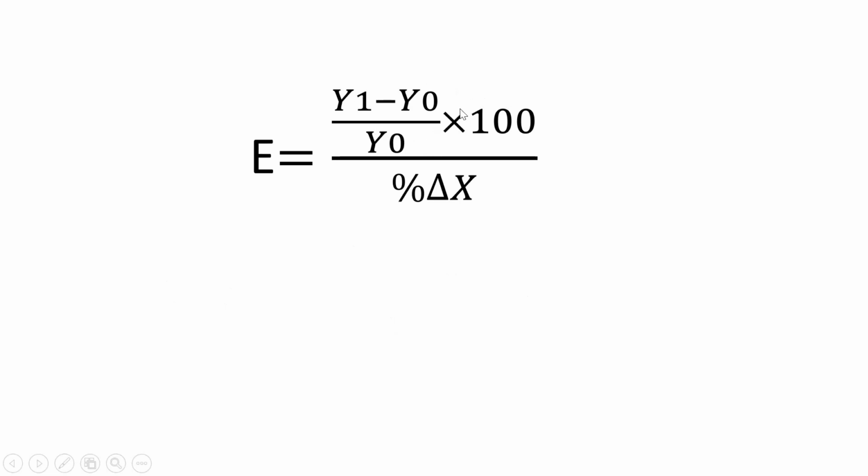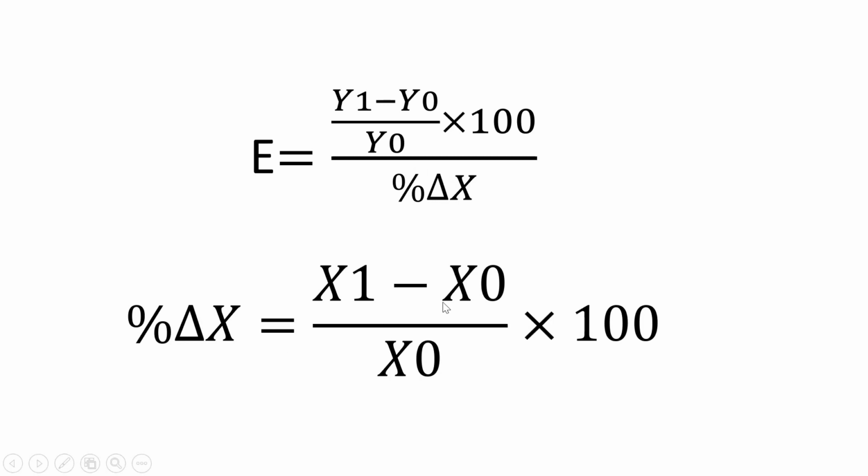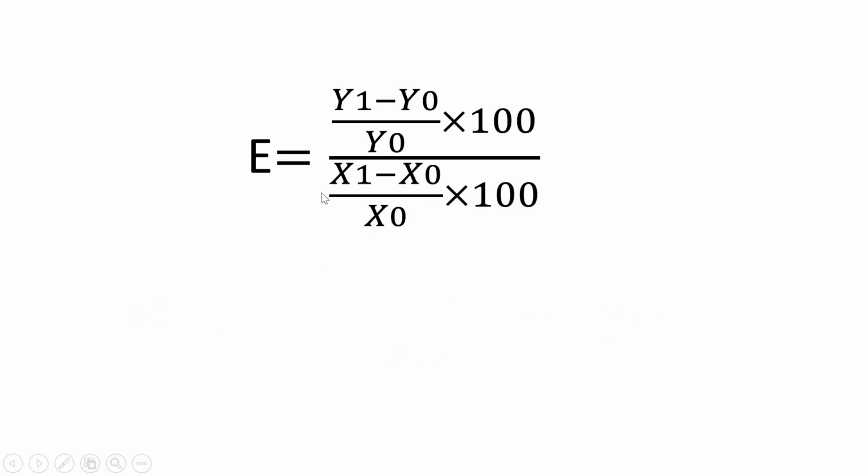When we do that, this is what we get. Let's go on to find the formula for the percentage change in x. That is also given by new value of x minus old value of x divided by old value of x times 100. Let's pick this and also substitute at this point. When we do that, this is what we have.